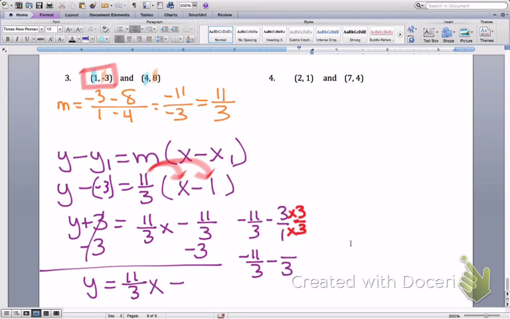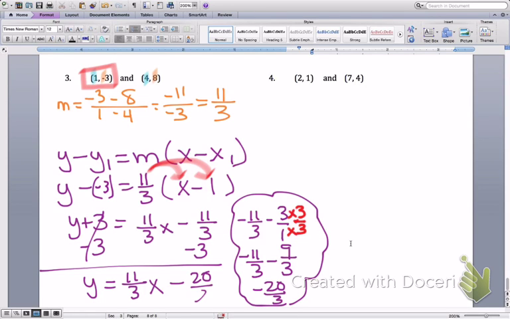That's going to give me 9/3. So now I have common denominators. I'm going to combine them. We get negative 20/3. So this is my work to get this number here, 20/3. And I have my equation of the line that goes through the 2 points given.